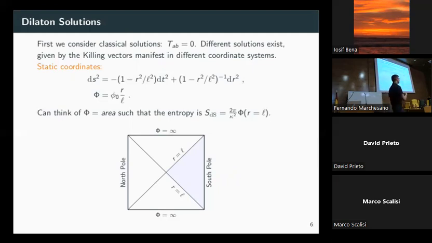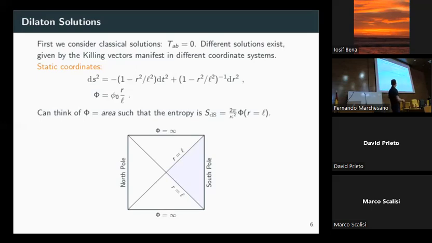So you see this is manifestly invariant under rotations and time translations. If we view this JT gravity model as a dimensional reduction, you can think of phi as an area term. So it makes sense to associate an entropy to the horizon, where the de Sitter entropy is now given by A over 4G, with kappa squared equal to 8πG Newton, and the dilaton evaluated at the horizon.